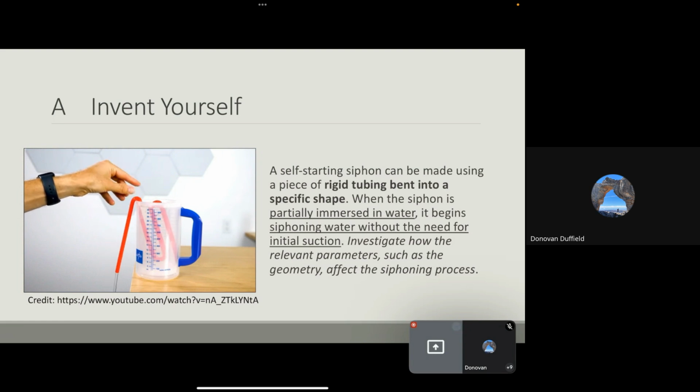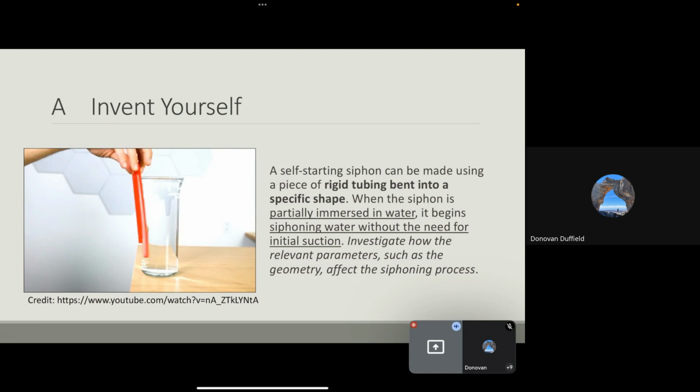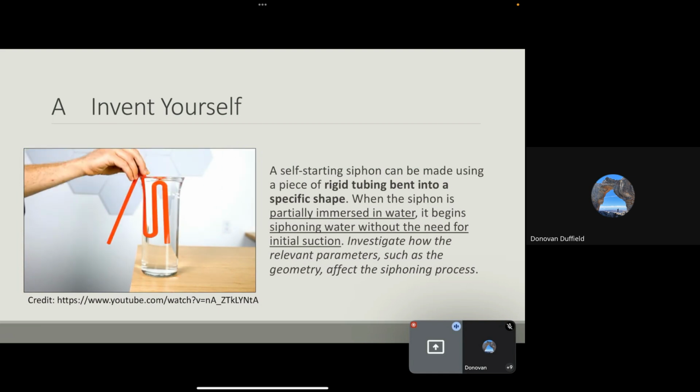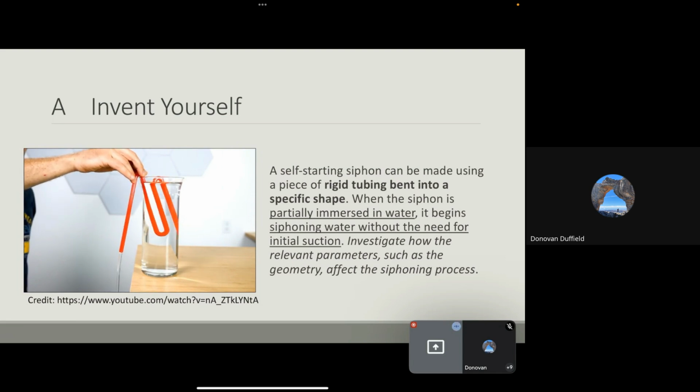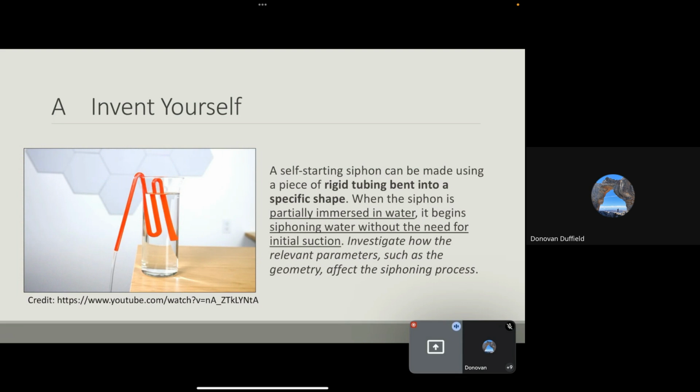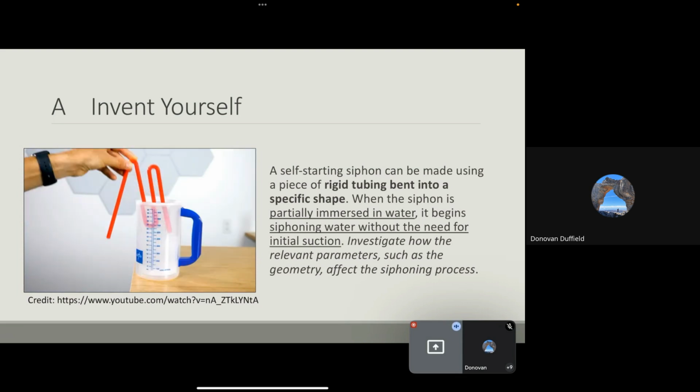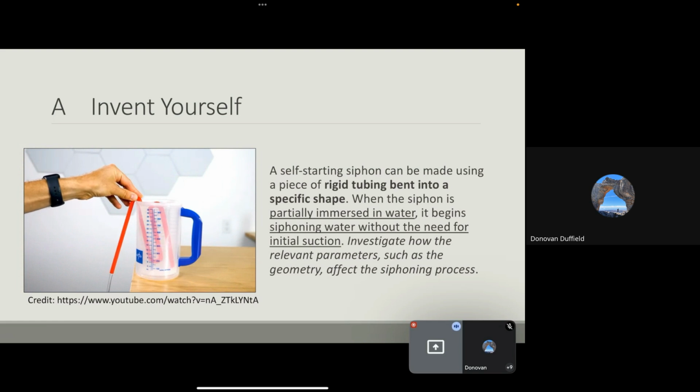When the siphon is immersed in water, it should siphon without the need for initial suction. So this is different to a normal water pump where you need to put some energy in to pump water out. This siphon operates by itself. Then, what do we need to investigate? We need to investigate how the geometry affects the siphoning process, meaning the shape of your siphon.